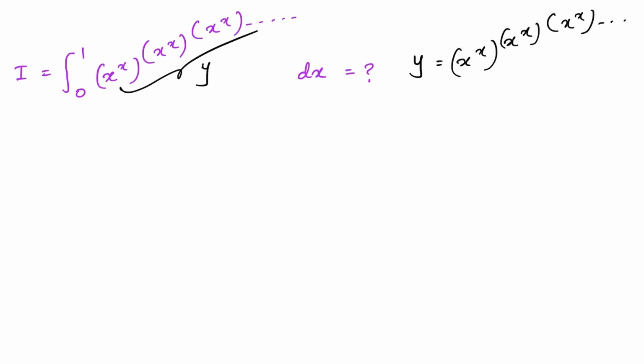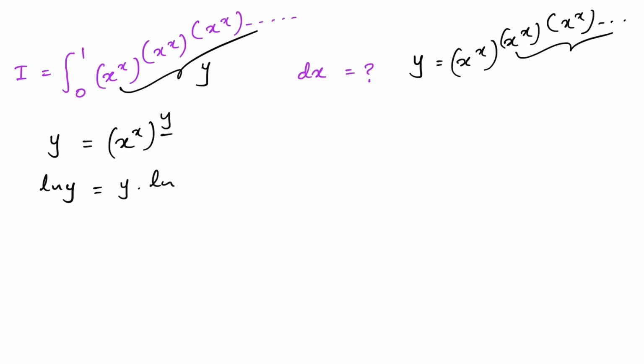So we know y. Also we can write y is equal to x to the x raised to the, now this part we also know is equal to y. So here y. Now if we take natural log both sides, we have natural log of y is equal to, according to the property of natural log, this y we can write here, y times natural log of x to the x.